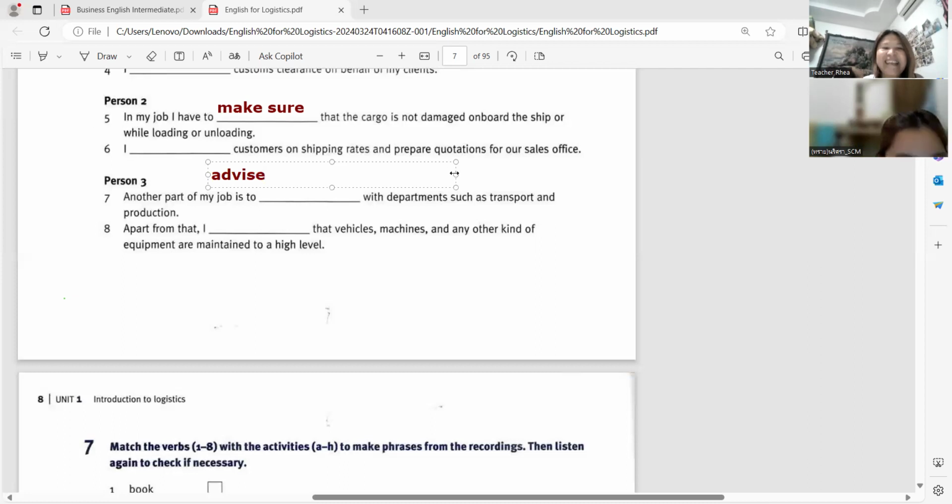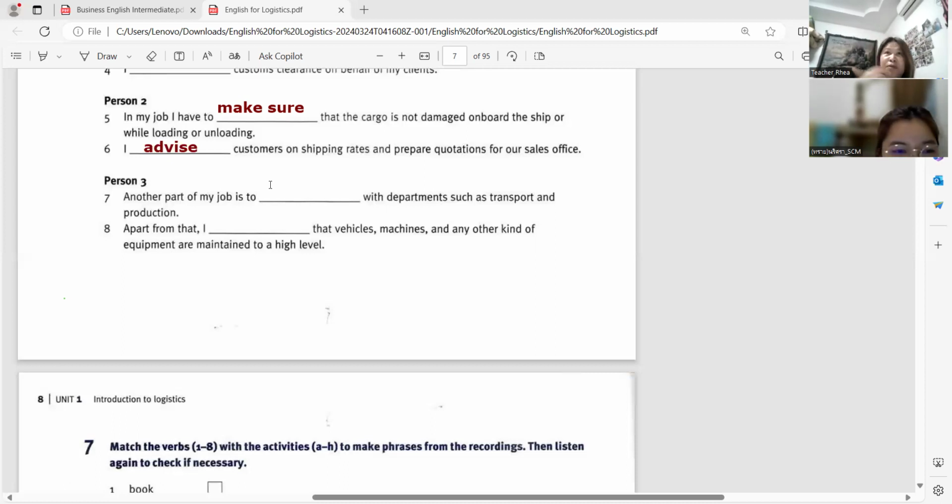I advise customers. So the shipping operations manager is in charge of the finances. Are you also in charge of the finance, the billing and everything? No, I'm not, because we have another department to do this.